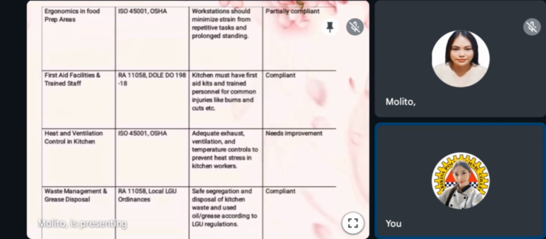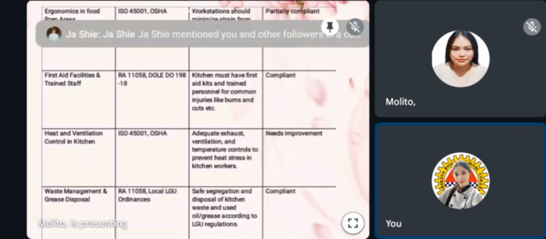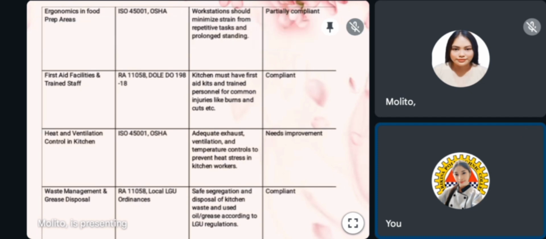So, ergonomic workstations reduce worker fatigue and injury risk from repetitive tasks, which improves efficiency and employee well-being in food service operations. Compliance with ISO 45001 and OSHA ensures a safe and legally compliant work environment.